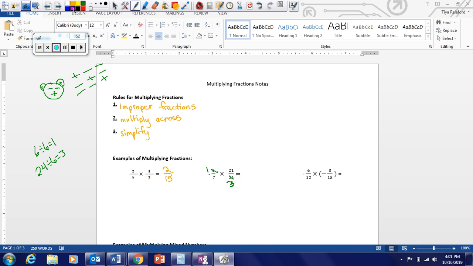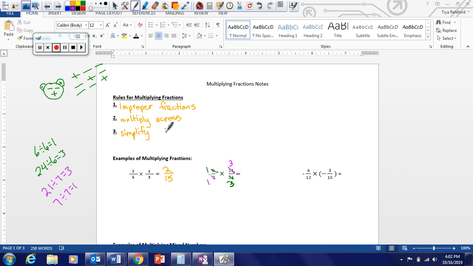I'm also going to do it the other way. I have 21 and 7. 21 divided by 7 is 3, and 7 divided by 7 is 1. So I'm going to change 21 to 3 and 7 to 1.